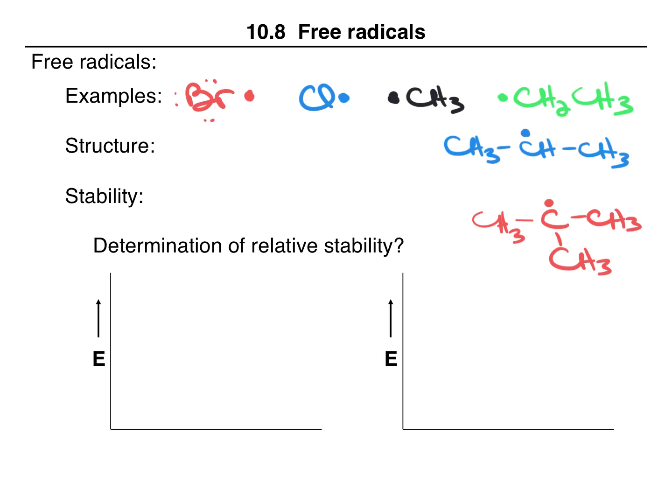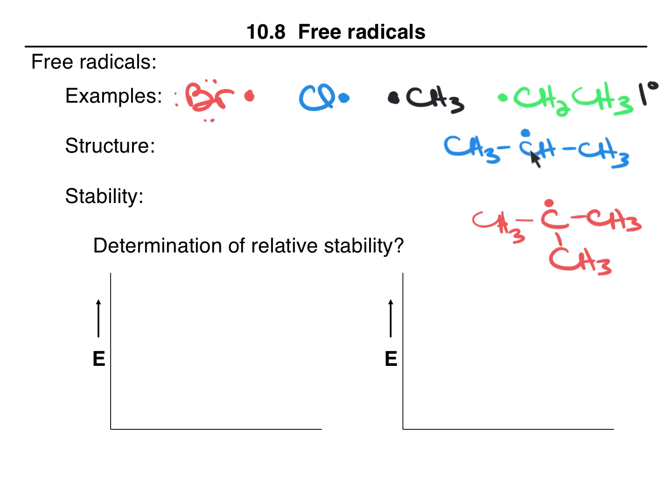Now, when we are talking about radicals on carbons, we want to be able to classify them based on the carbon that has the unpaired electron. So this is just a methyl group, so we would call this a methyl radical. Here, the radical is on a carbon that's connected to one other carbon, so this is a primary radical.